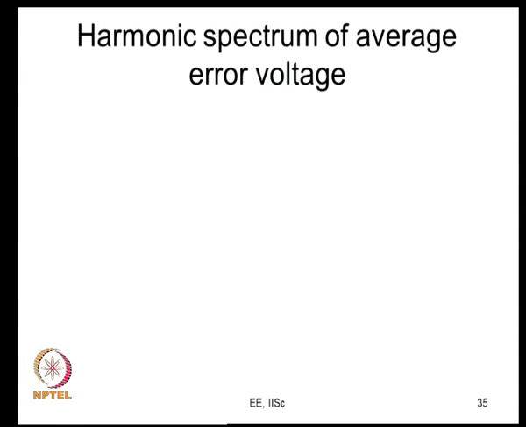So, let us now look at the harmonic spectrum of the average error voltage a little more clearly. What I originally said was, you have a signal that is your pulses. You have your fundamental here. I am talking of the error voltage. The error voltage will have third harmonic, fifth harmonic, everything like this.